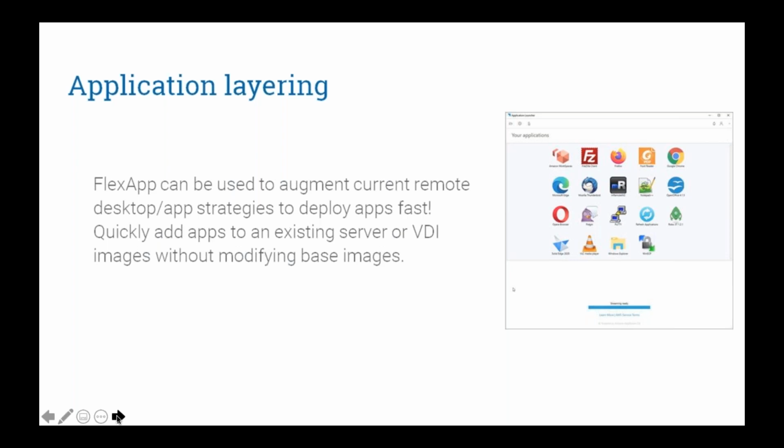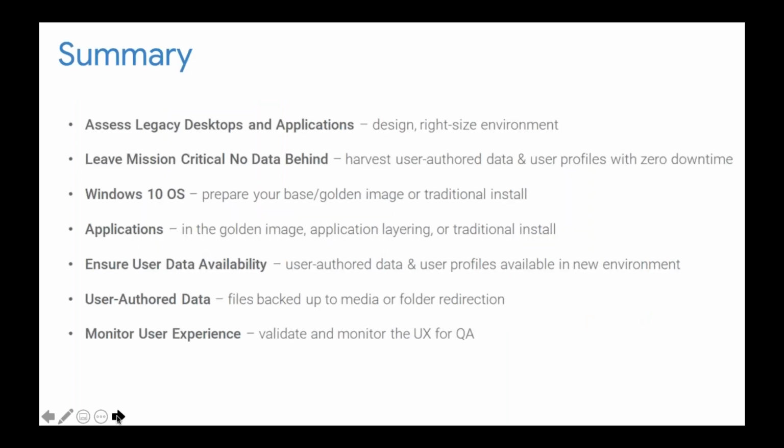Those are your usual tools you use every day. They're fine. They should be in the base image because you use them all the time. And then everything else, have that offloaded to application layering. So then you can just drag and drop and assign them to groups of users or single users based on their needs. And that's where we circle back to the assessment.